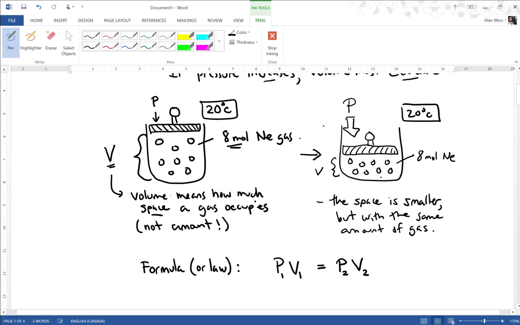So if we look at our original diagram again, this is P1, this is V1. After we've changed everything, there's a new pressure, so that's P2, with a new volume, V2. And this can only be used if moles and temperature is constant.